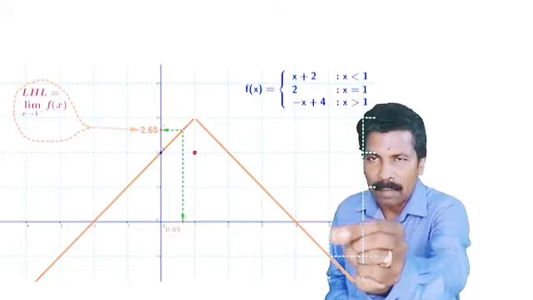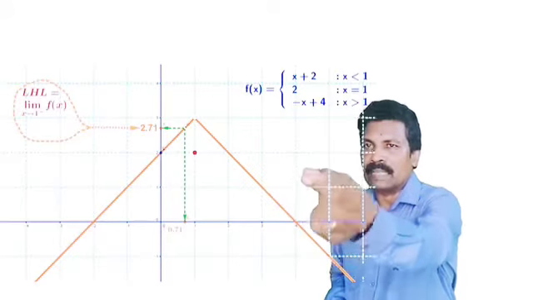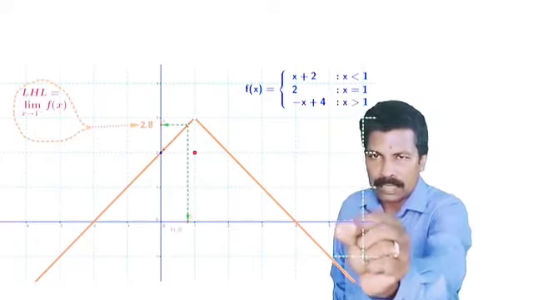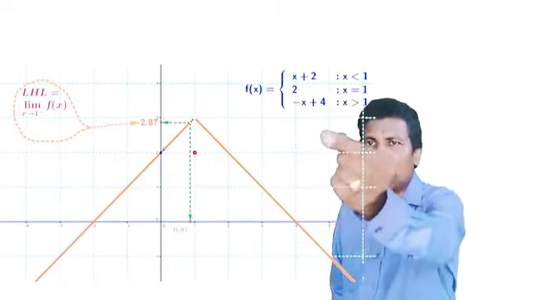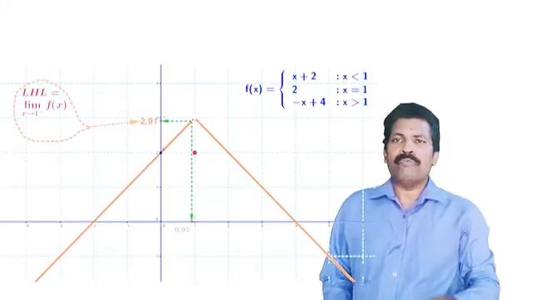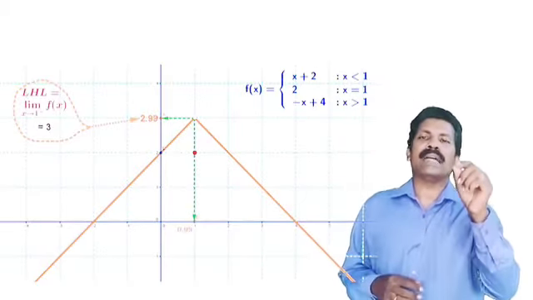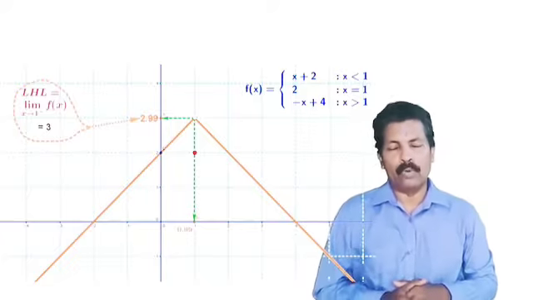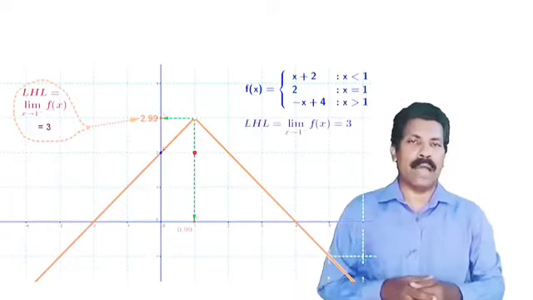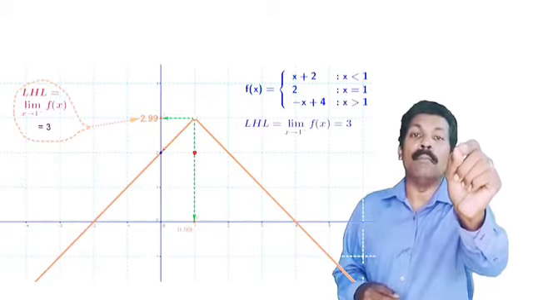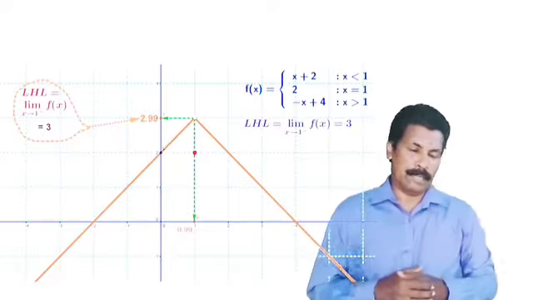So x is approaching 1, then f of x is approaching 3. So the LHL, that is the left hand limit, is equal to the limit of f of x as x tends to 1 minus, that is equal to 3 here.